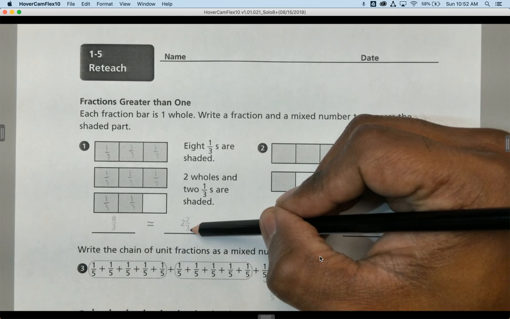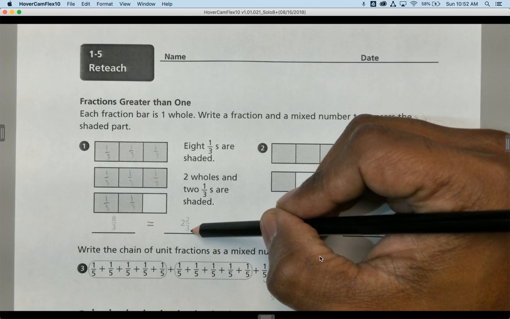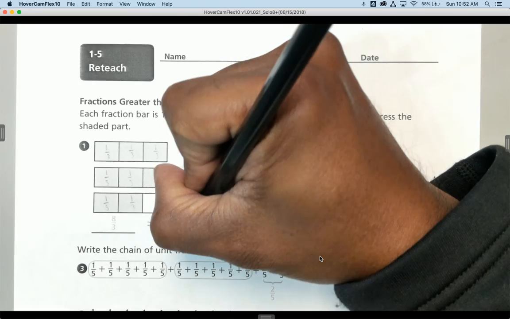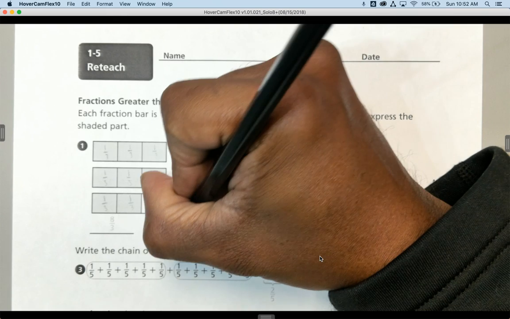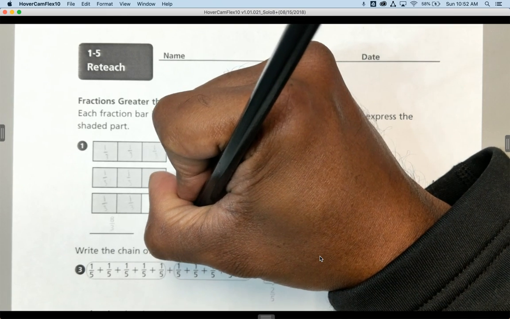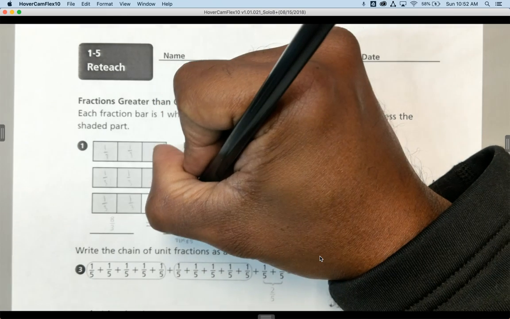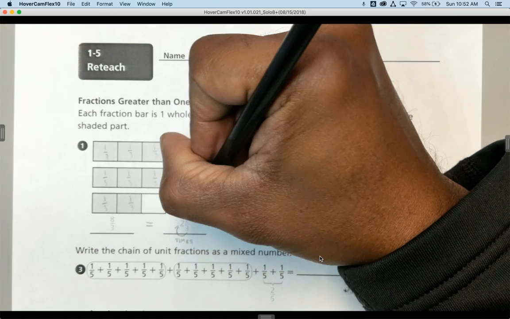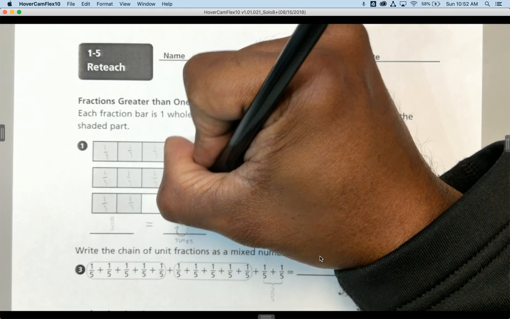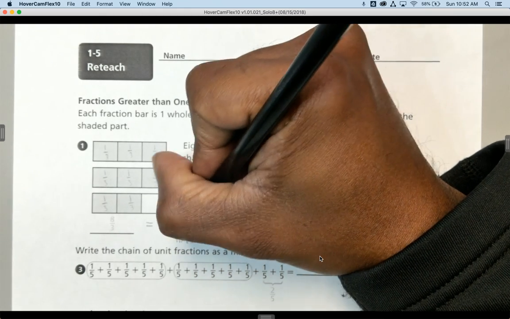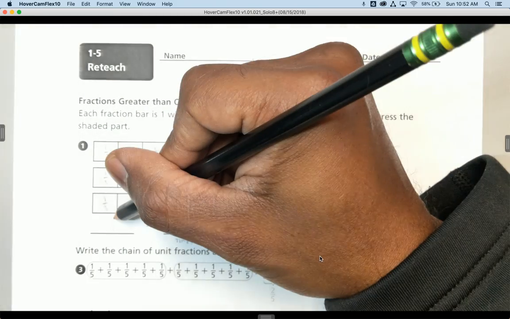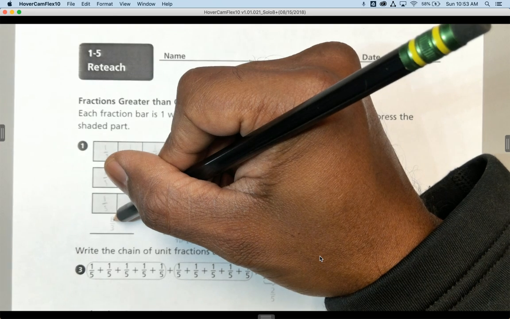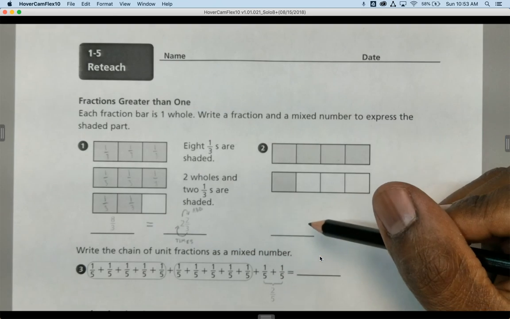Then, in order to find the numerator, I'm going to take the denominator, 3, times it by the big whole number 2. 3 times 2 is 6. And then add what's on top. 6 plus 2 is 8. 8 becomes my numerator. We'll practice this a few times.